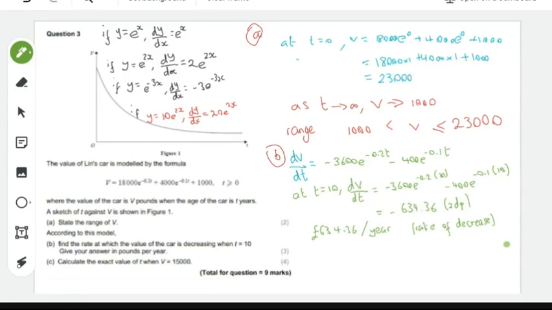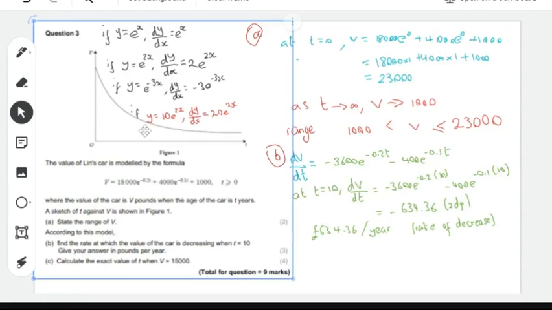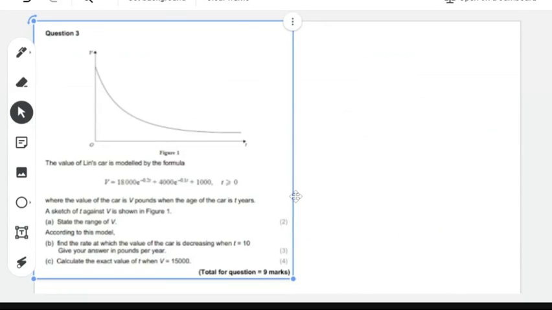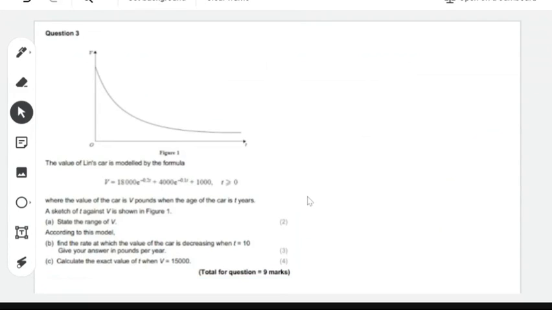Cool. And then part 4, which I do not have space for, but I will make another copy, will be on slide 3. And it says calculate the exact value of t when v equals 15,000. So this one's an interesting question because we set v equals to 15,000.